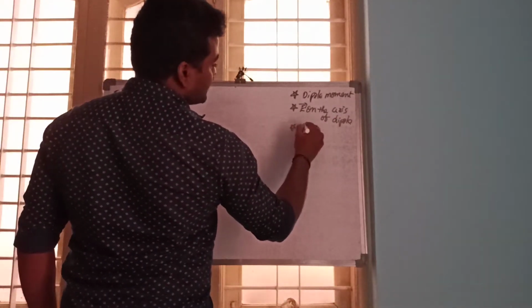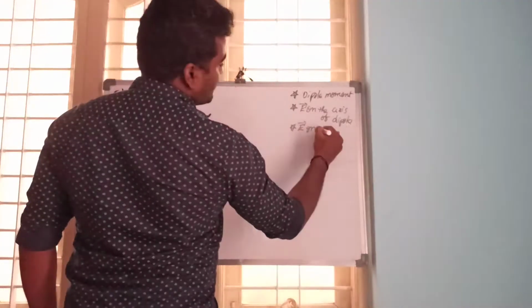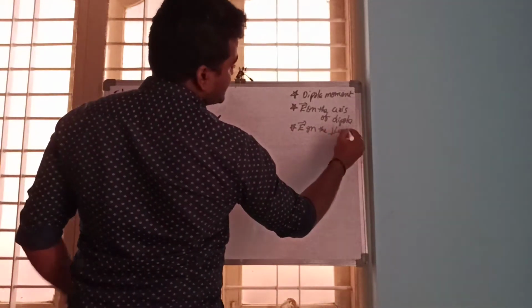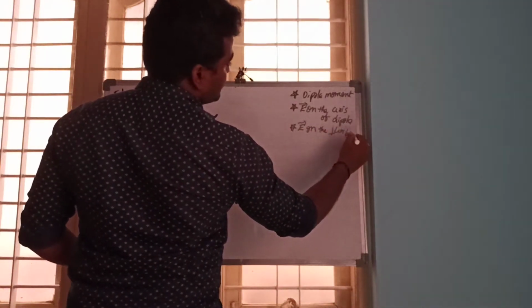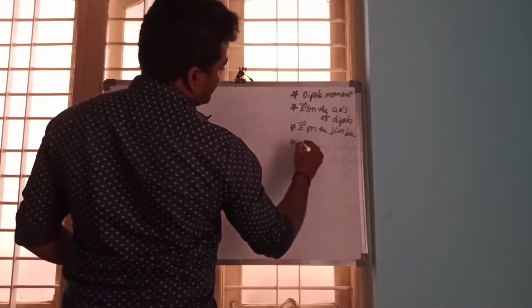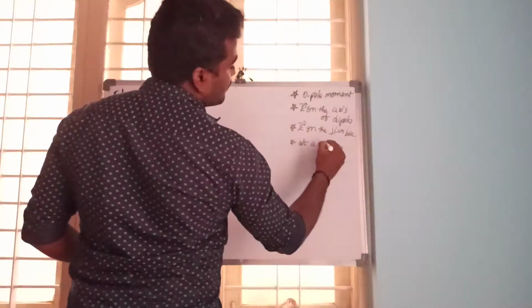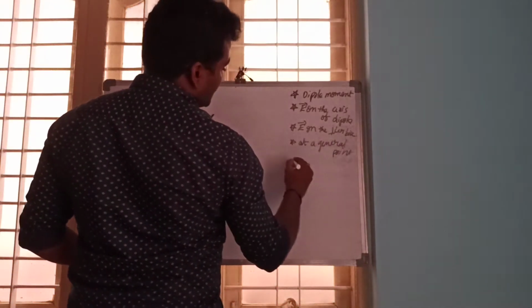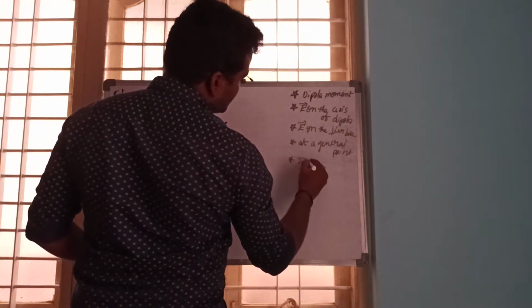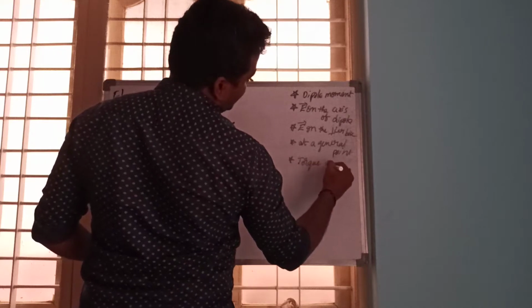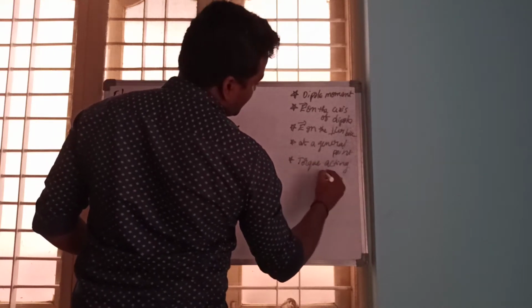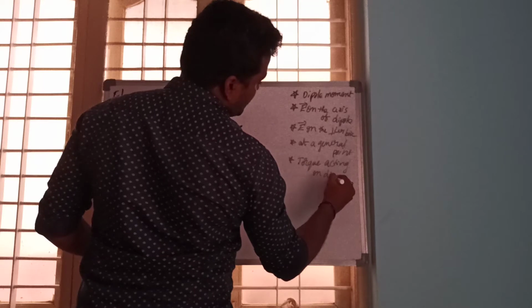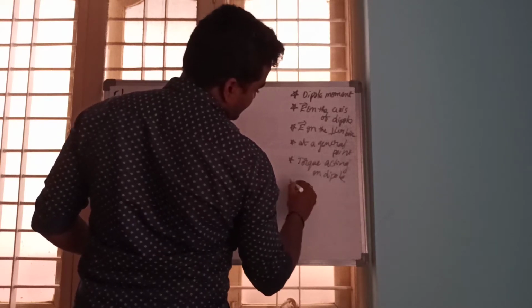and we will be finding the electric field on the perpendicular bisector of the dipole, and after that at a general point of the dipole, and after that the torque acting on the dipole.